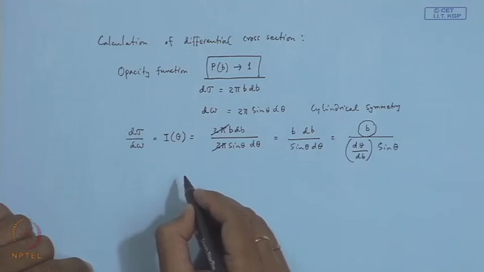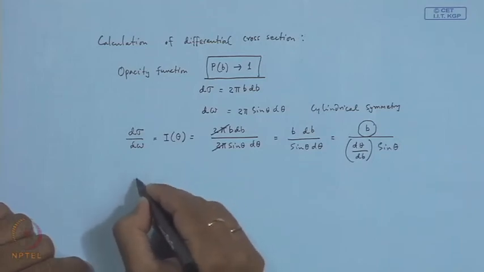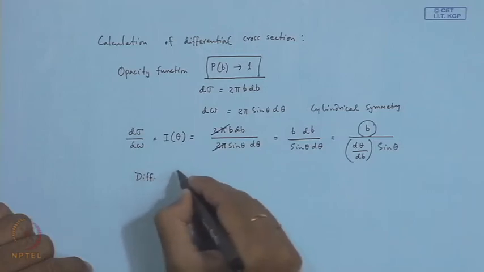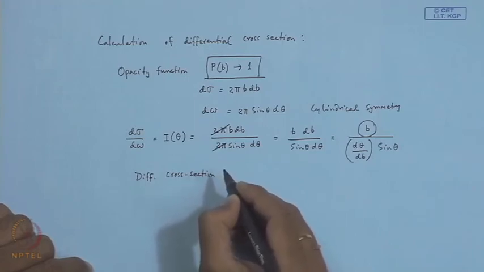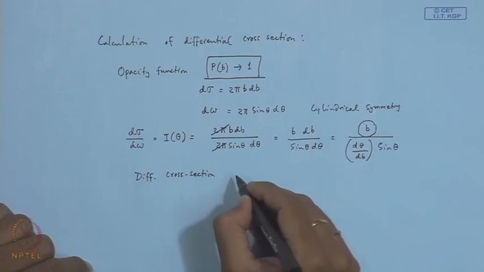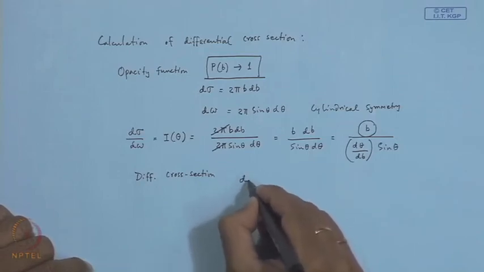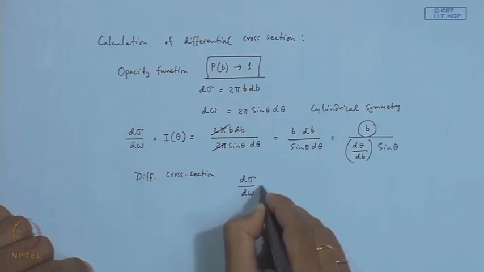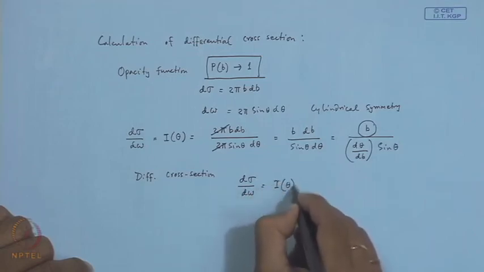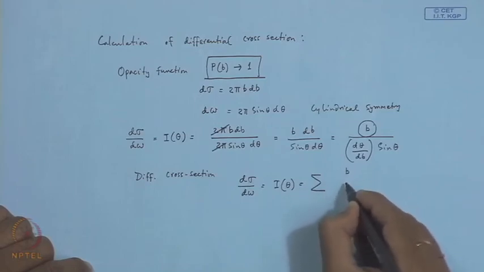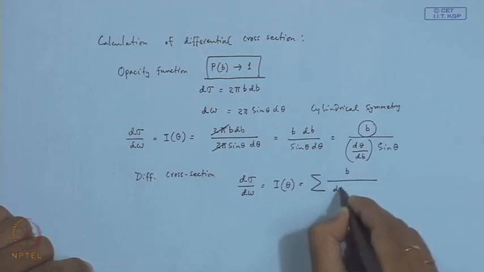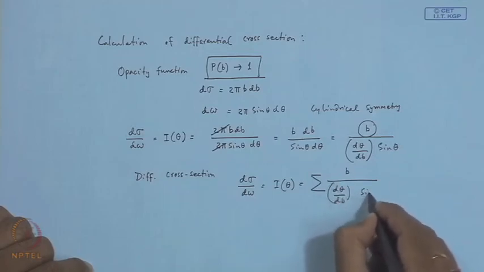So, the differential cross section finally comes out to be, can be written as d sigma d omega, which is equal to I theta, which is equal to sum over b, b by d theta dB into sin theta.